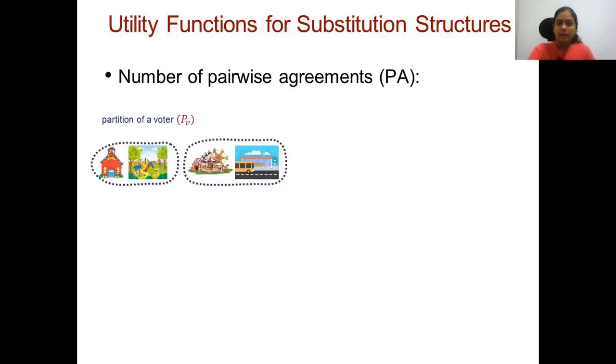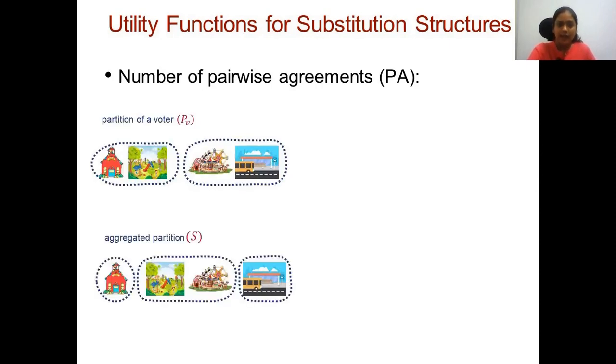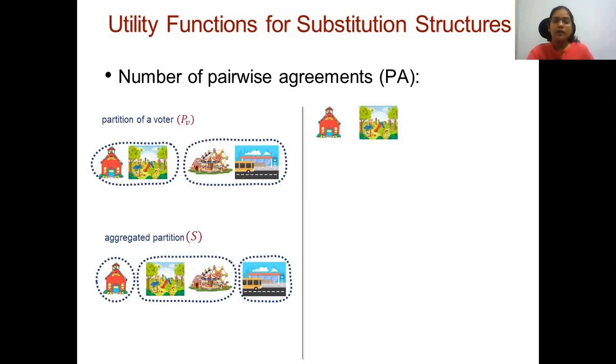Suppose this is a partition of a voter V and this is an aggregated partition. Next we will compare every pair of projects. If we look at this pair of projects, school and green park, then these two projects are in the same part in P_V while these are in different parts in S. So voter V gets utility 0 from this pair of projects.